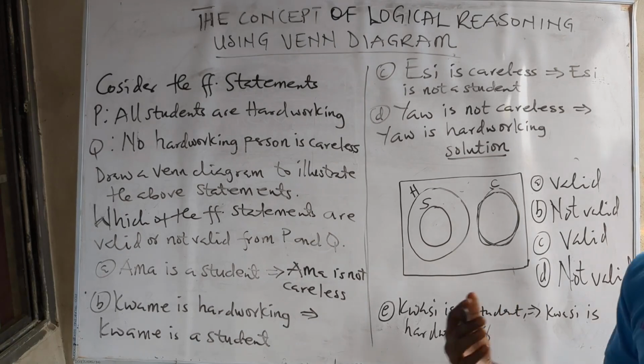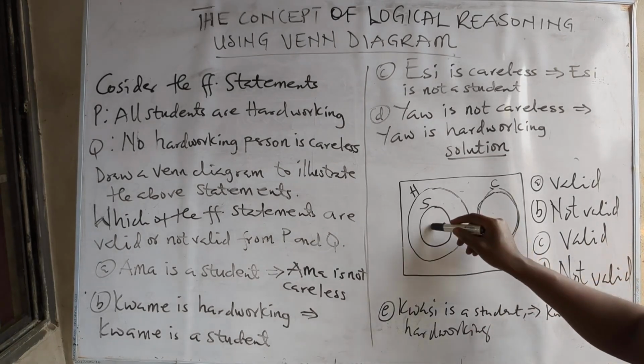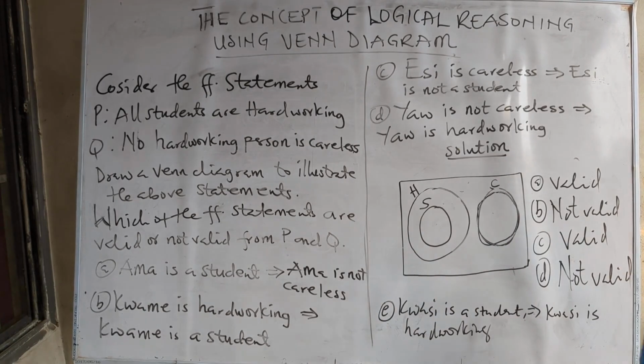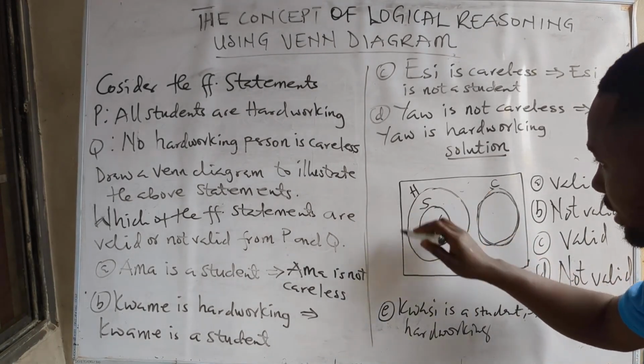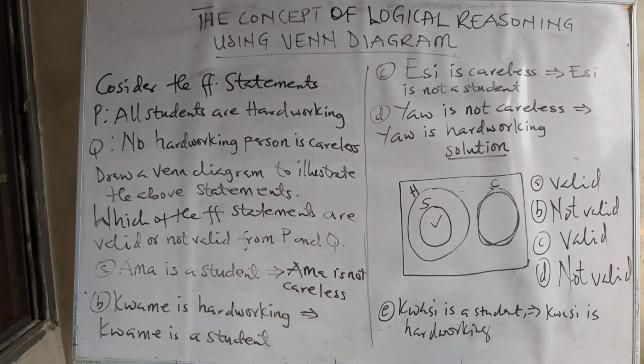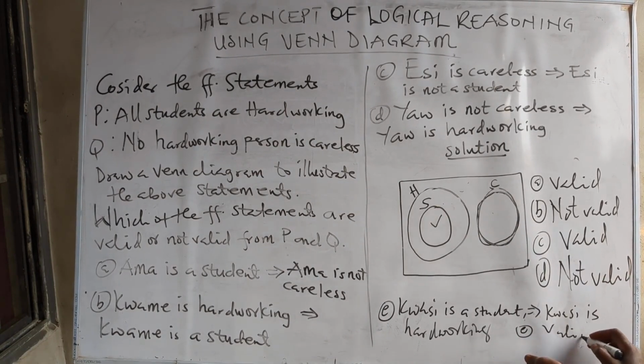Kwesi is hardworking. Is it true or not true? Or valid? Kwesi is a student. Kwesi is hardworking. It's valid. The moment Kwesi is here, automatically Kwesi is definitely there. All students are hardworking. Alright. So this is a valid conclusion.